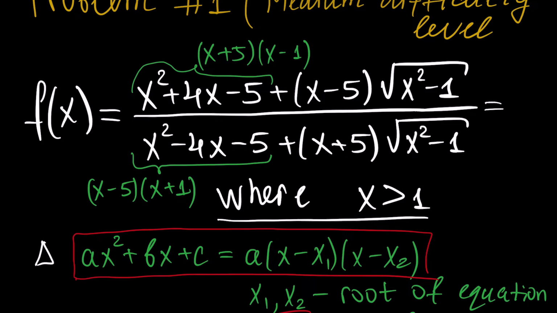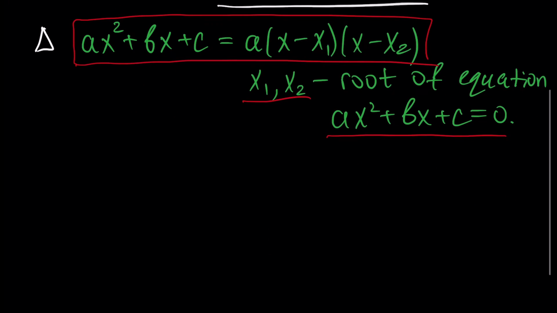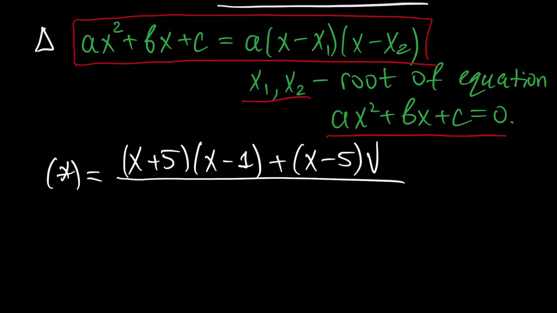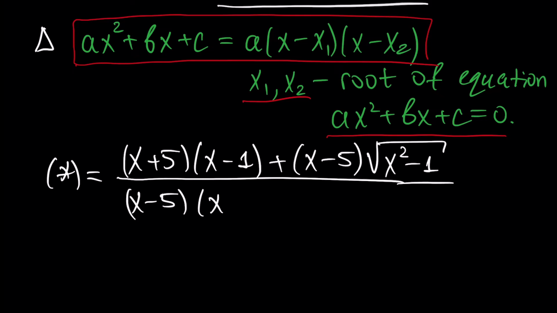And all in all, if we rewrite our expression, this is equal to x plus 5 times x minus 1 plus x minus 5 times square root of x squared minus 1, divided by x minus 5 times x plus 1 plus x plus 5 times square root of x squared minus 1.